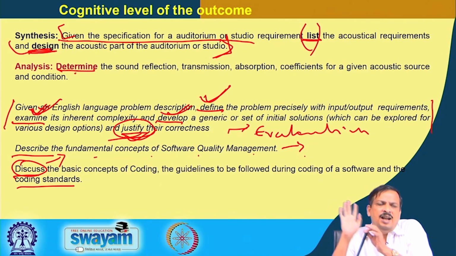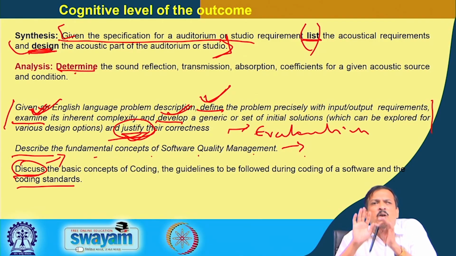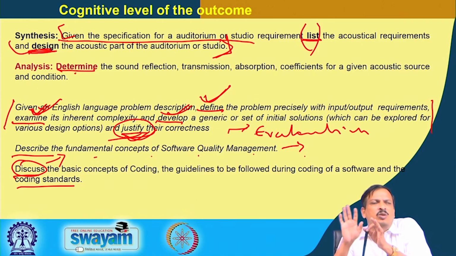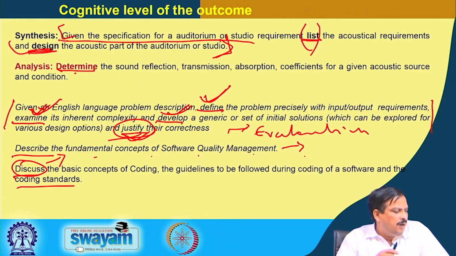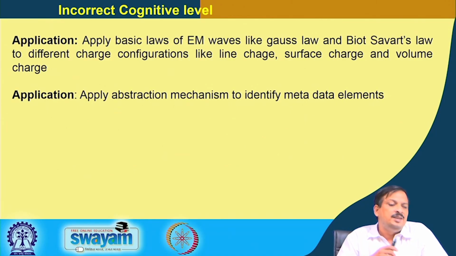Okay. Now, I will discuss some of the common mistakes made in writing outcomes. The first mistake is an incorrect cognitive level.